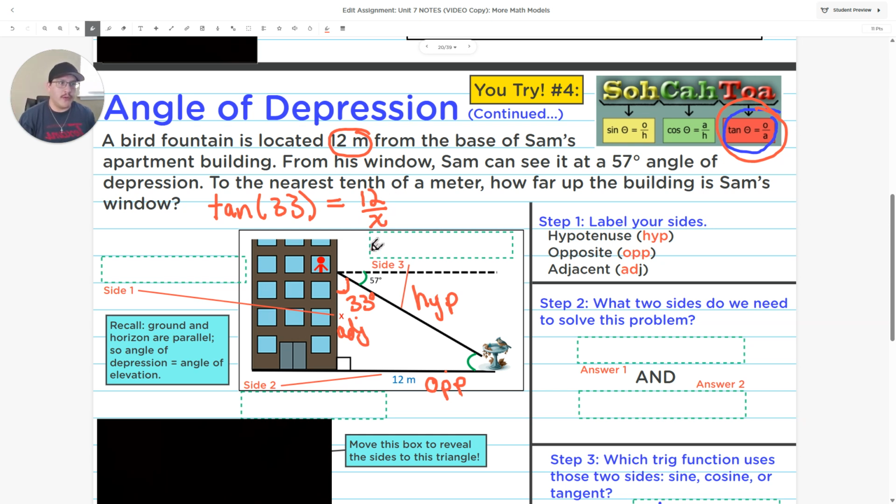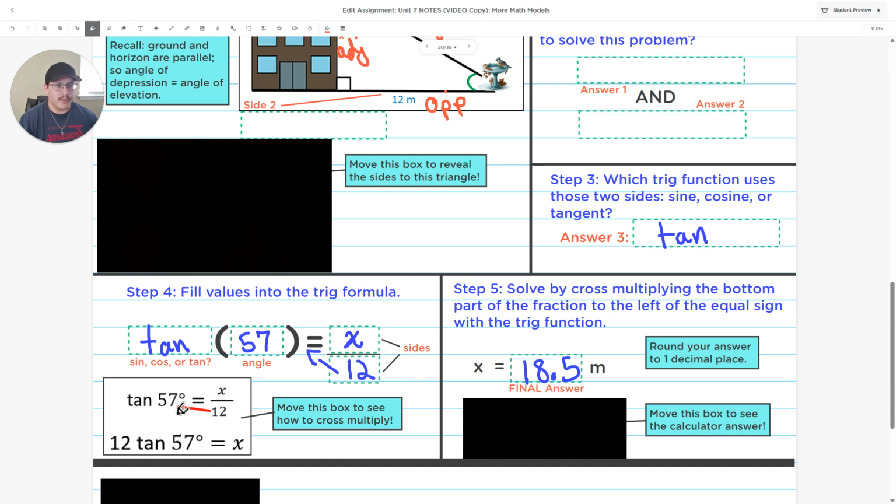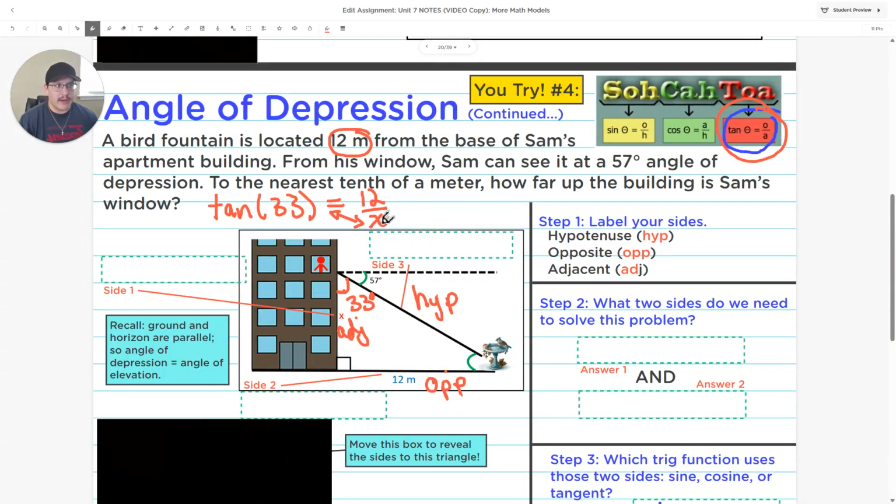We're going to have to cross multiply and divide, meaning we're going to switch tangent and x's places. Whereas before, we only had to cross multiply. But since the x is at the bottom, we have to cross multiply and divide to make sure the x is on top.